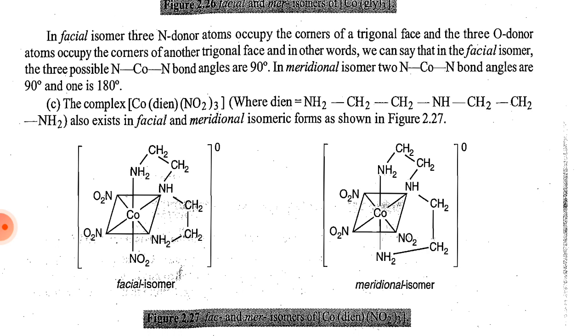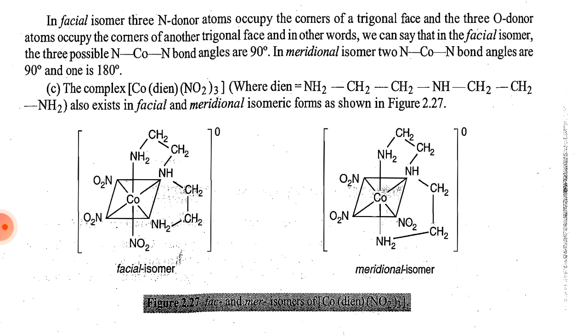In the facial isomer, the three N donor atoms occupy the corners of a trigonal face, and the three oxygen atoms occupy the corners of another trigonal face.